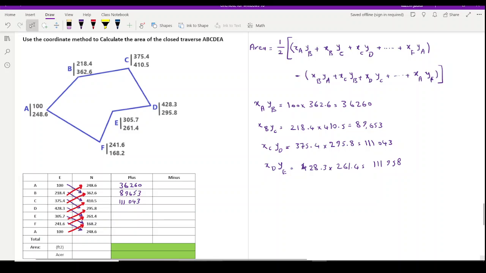I made a mistake when I'm filling this table. I should move it one row down because we are multiplying and it's better we write it down.